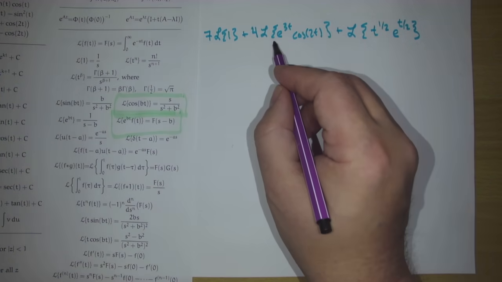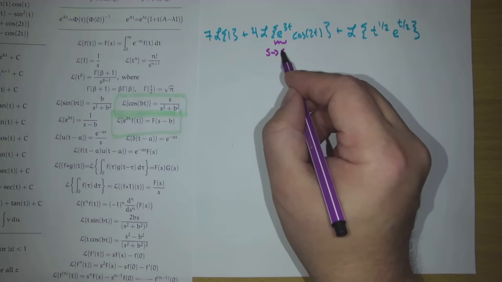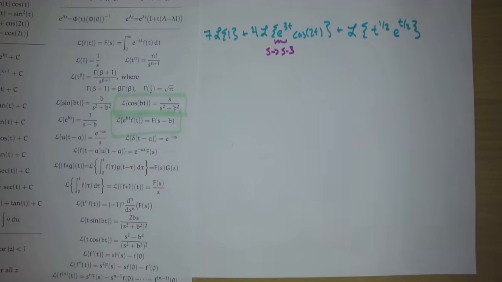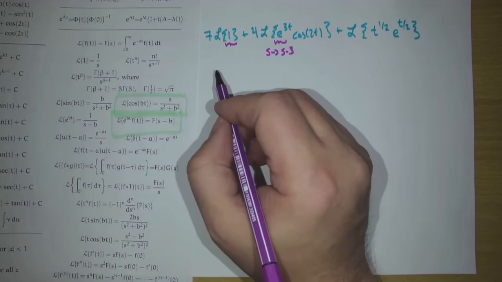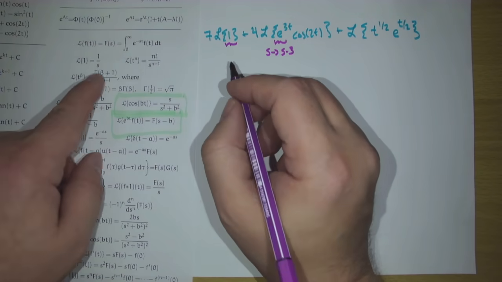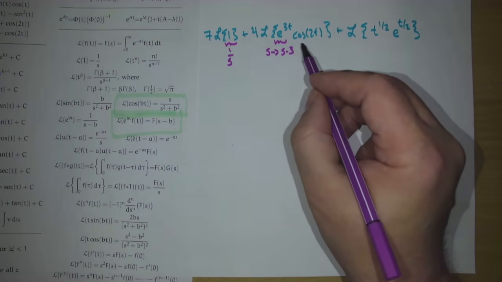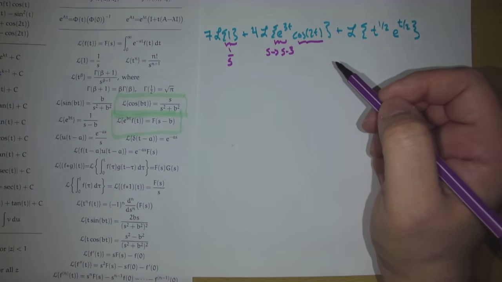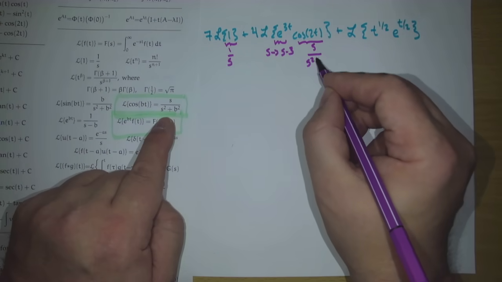In particular, this e to the 3t tells us that s is going to become s minus 3. And okay, we should make some notes. Laplace transform of 1 is 1 over s. And cosine 2t, just by itself, would be s over s squared plus 4.